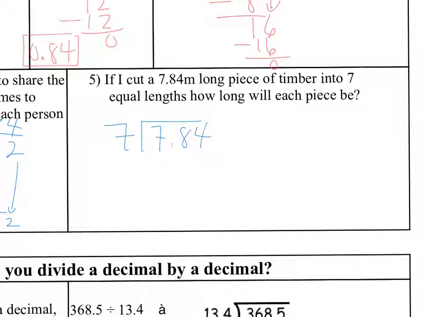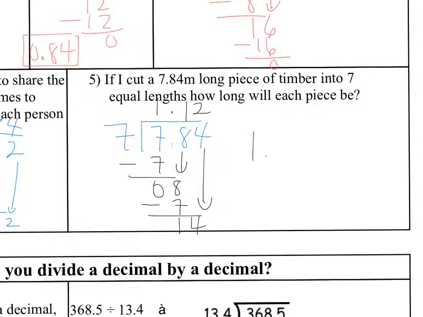Again, you want to put your decimal straight up into the quotient. 7 into 7 is 1 time. 1 times 7, 7. Bring down your 8. 7 into 8 is 1. 1 times 7 is 7. 1 left over. Bring down your 4. 7 into 14 is twice. So my answer is 1 and 12 hundredths meters for each piece. Okay.